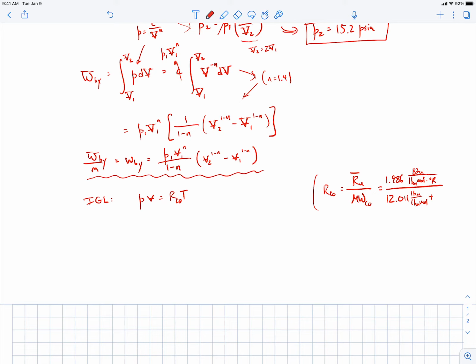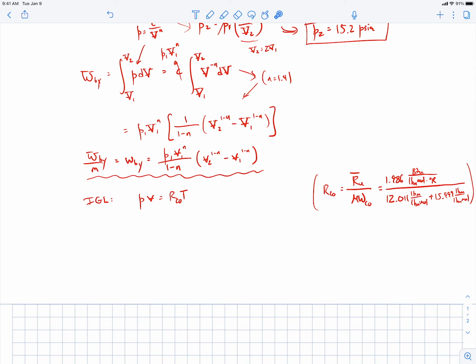And then the molecular weight of oxygen is 15.999 pound mass per pound mass mole, or pound mole, if you want to call it that. So I just went to the periodic table and looked up the molecular mass of carbon. There's one carbon, so I have just one of those, and one oxygen. You add up the molecular mass of each of those atoms to get the molecular mass of the molecule.